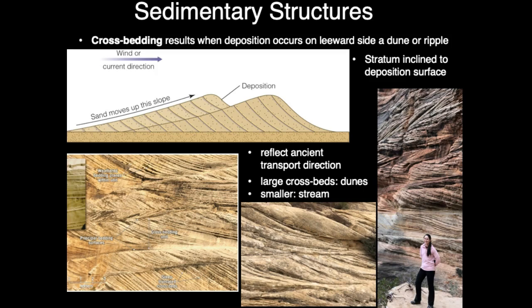If you look at the diagram on the left, you see an idealized system under which this could occur. On the top left, I should say. In this case, you have current from wind or from water, which is driven to the right, and the particles are accumulating on the steeper side of that feature. So for the rightmost picture, for example, you see the first 4 or so strata appear to have the same direction of current.